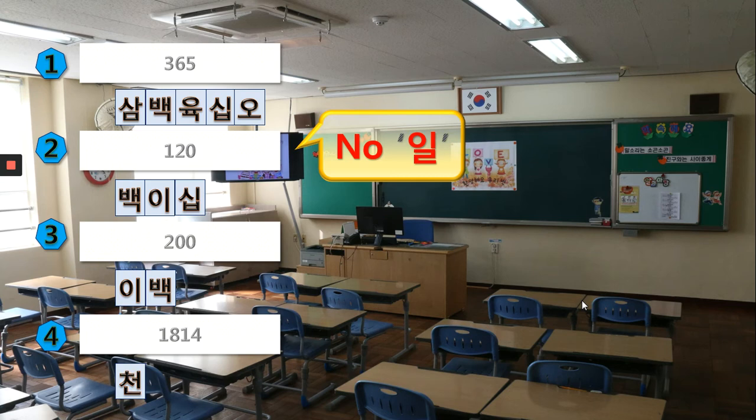Okay, as I said, we don't say 1. Okay, this one, no 1. 천. And 800. 팔백. And 10. 10 is not 일십. Okay, no 1. Just 십. Okay, and 4, 사. 1814.